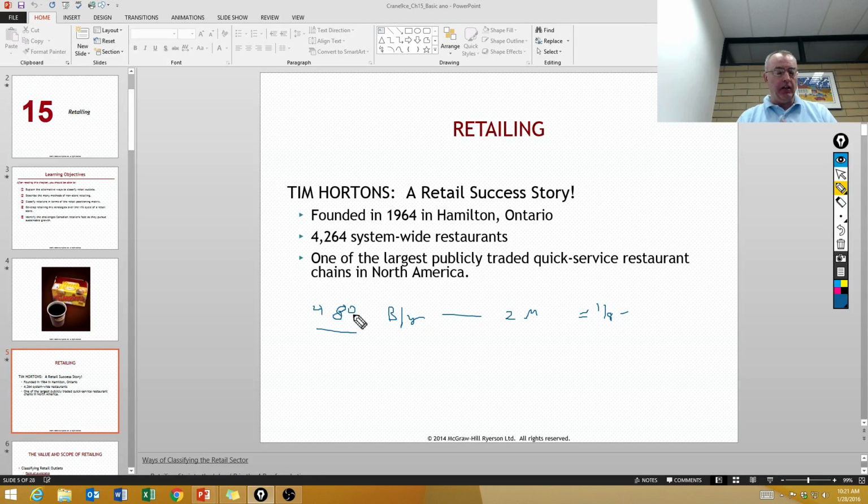So I tend to use Walmart as my stereotypical large company. Walmart is the American retailer, and Walmart operates around the world. Walmart's sales are about 500 billion US per year.